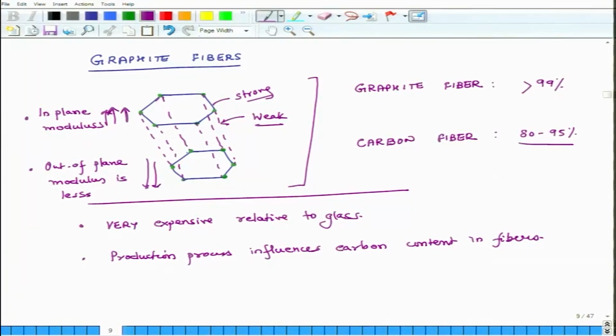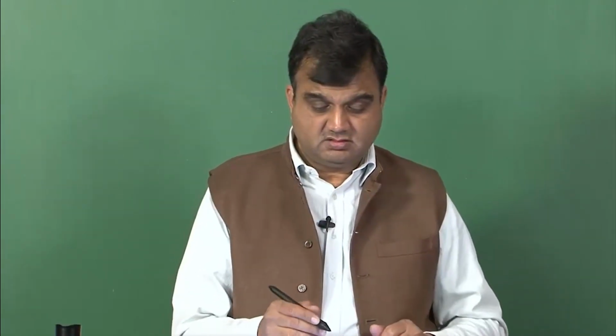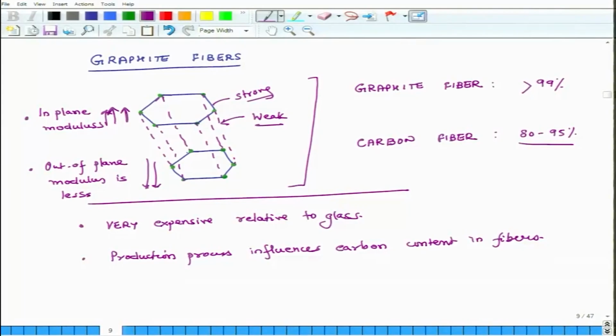What does that mean? If you take a very small piece of glass fiber and pull it like that or like that, it will have more or less the same modulus, but these fibers have different material properties in different directions. In plane very high, out of plane it is less, so it means that graphite fibers, at their structure itself, are anisotropic.